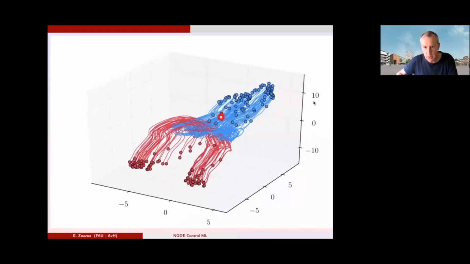If I really want this red to go down and the blues to remain up, so that the classification is not, say, like here, 99%, but is really 100%, so that there is a clear hyperplane that separates red and blue, what I need to do is what? I will need to work more. I will need more control. I will need a control U that is larger.